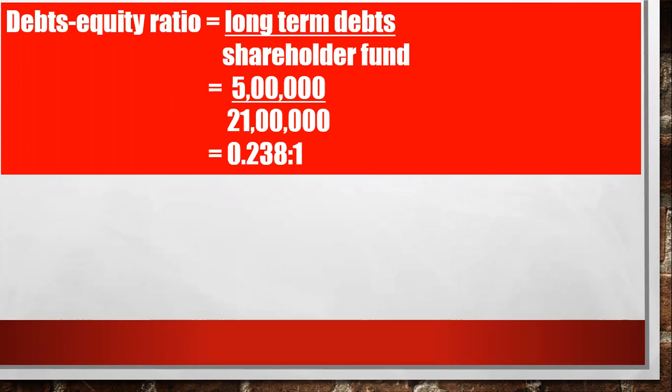But in this sum, only equity share capital and general reserve are given, that is 15 lakh plus 6 lakh, so you get 21 lakh. So the debt equity ratio is 0.238. Clear, everyone? You can take it as 0.24 also. Clear, everyone?